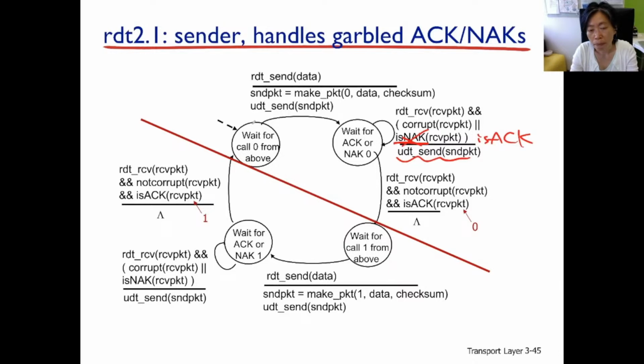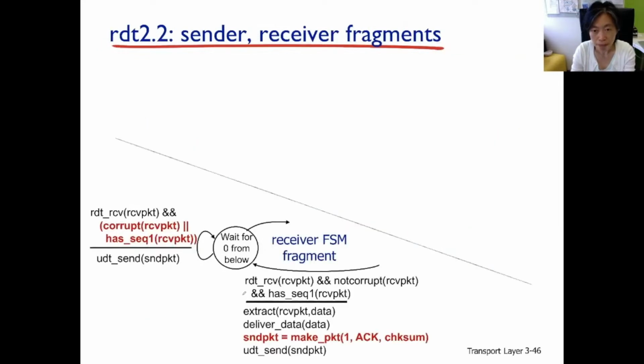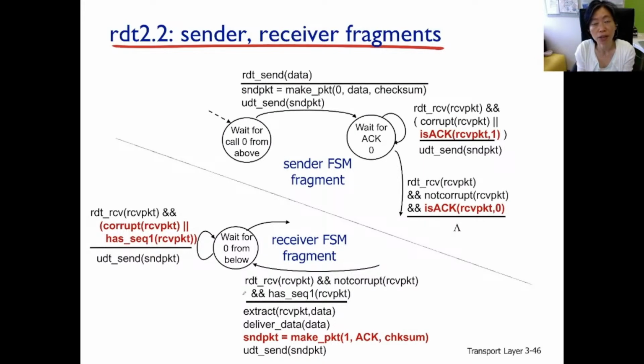Well, we just sent packet 0. If packet 0 was corrupted, the receiver would be what? Sending the last data packet received okay. So that should be what? Sequence number 1. Similarly, for the check here, it should also be is ACK, but sequence number what? 0. And that takes us to the sender side of the finite state machine.